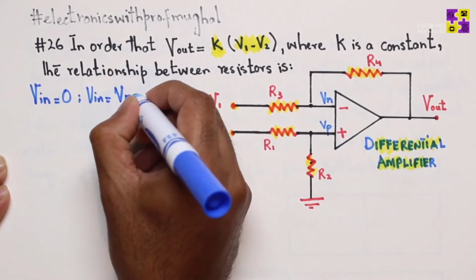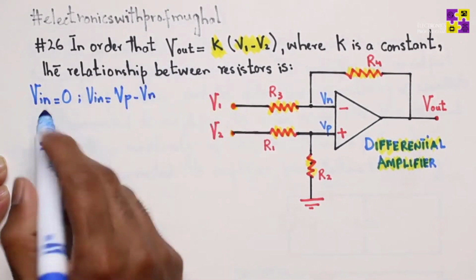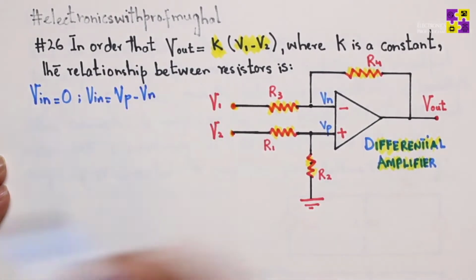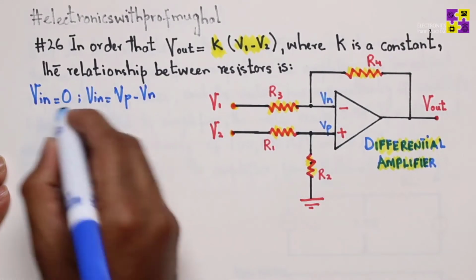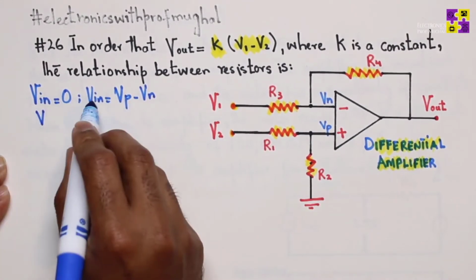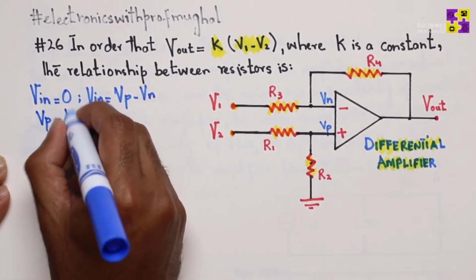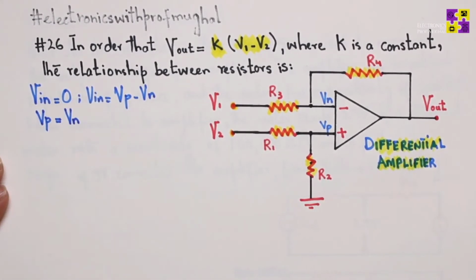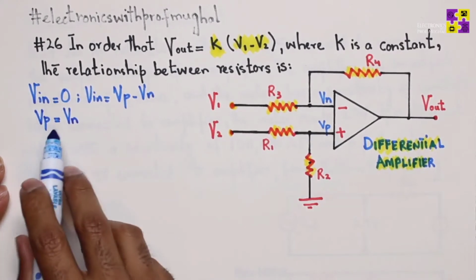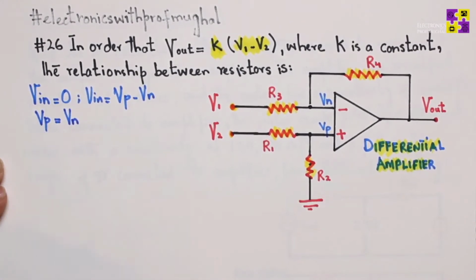So Vp minus Vn, and since that is ideally 0, Vp equals Vn. One of the first goals would be to determine Vp or Vn.